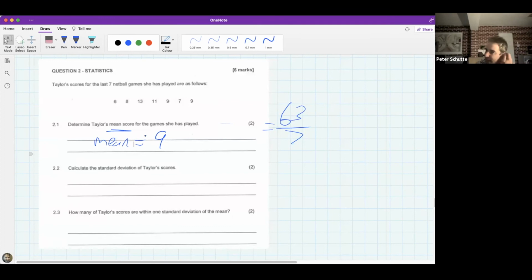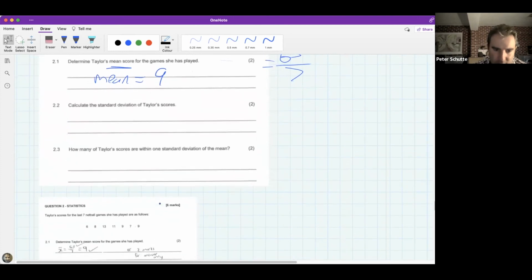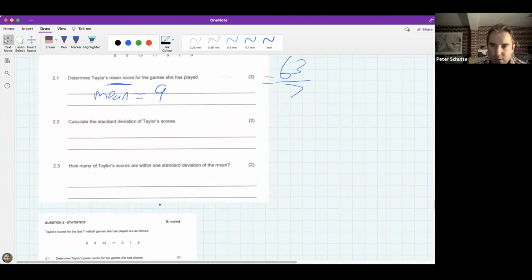What is the standard deviation of these scores? So people are getting, let's just see if I agree, 2.2.